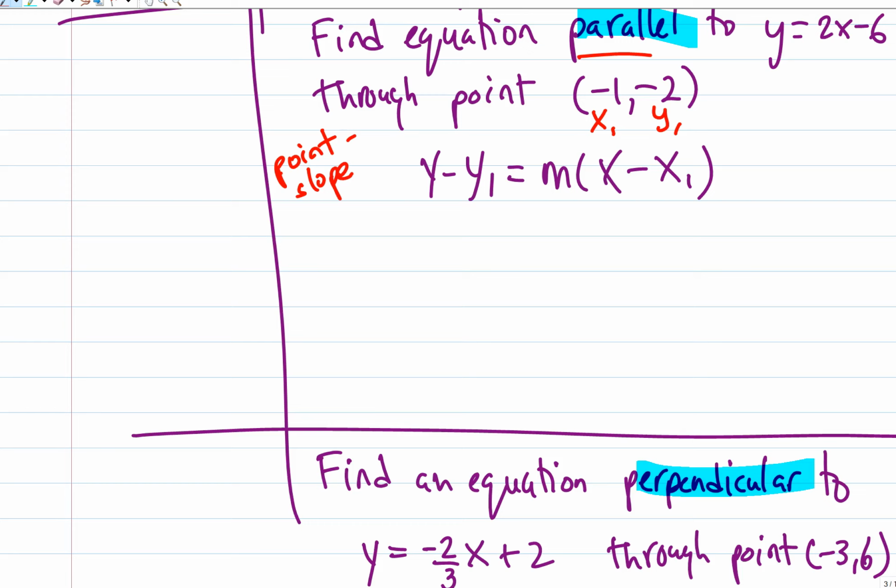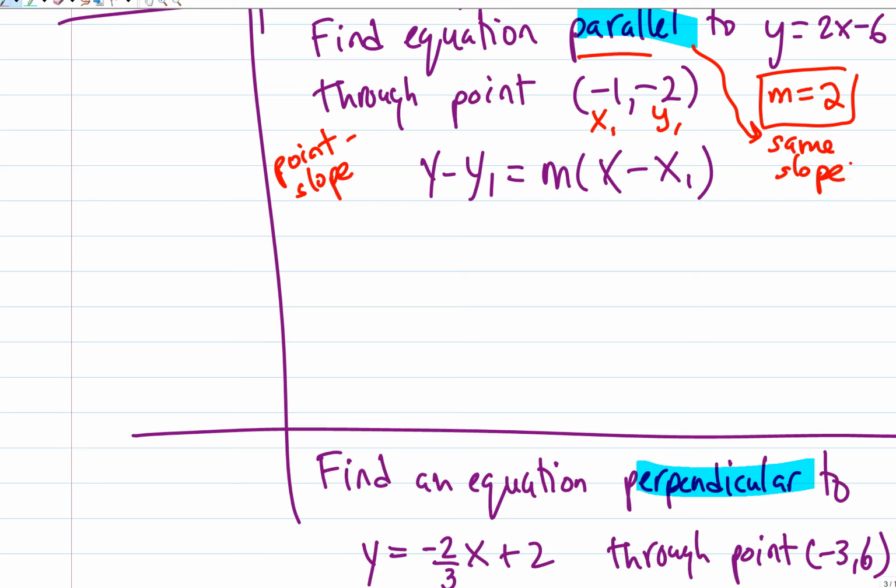Parallel, you think parallel, right? So start with this, parallel. So does that mean opposite slopes? Yeah. That means the slopes are the same. So what is the slope in y equals 2x minus 6? Not the x, just the 2. So if this is the slope, then parallel means we will use the same slope.